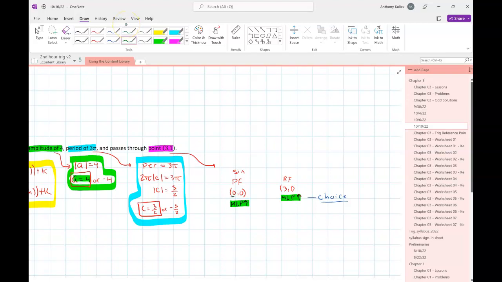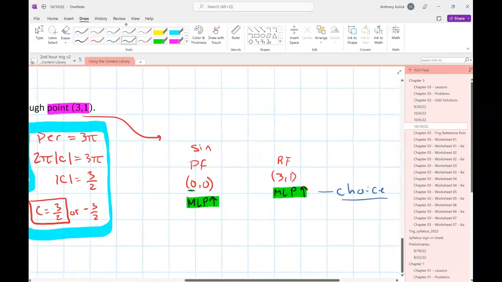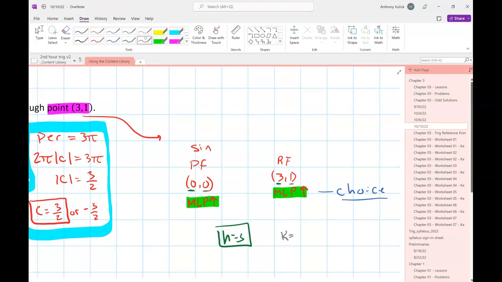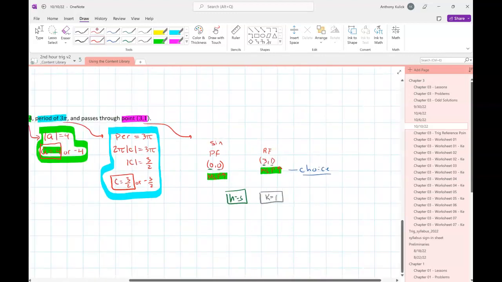Since the x-coordinate of my parent function is 0, the x-coordinate of my resultant function must be my value for h. And similarly, because the y-coordinate of my parent function is 0, the y-coordinate on my resultant function must be k. So now I have everything I need.